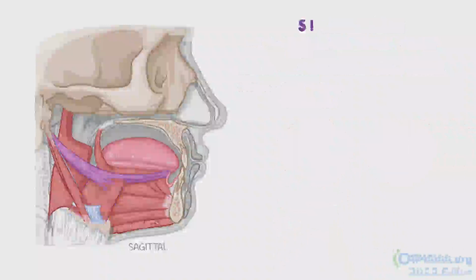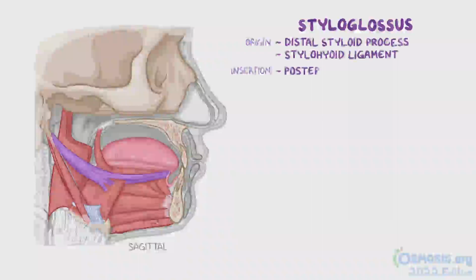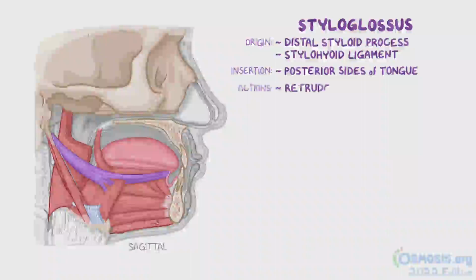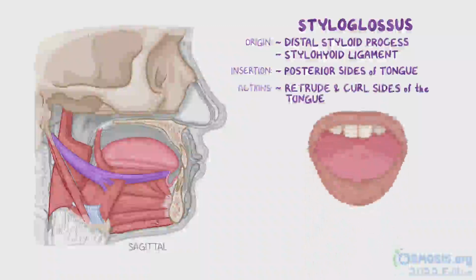Next is the styloglossus, and as its name suggests, it originates on the distal styloid process and stylohyoid ligament. It then inserts on the posterior sides of the tongue between the fibers of the hyoglossus muscle. It helps retrude and curl or elevate the sides of the tongue, which works with genioglossus during swallowing.